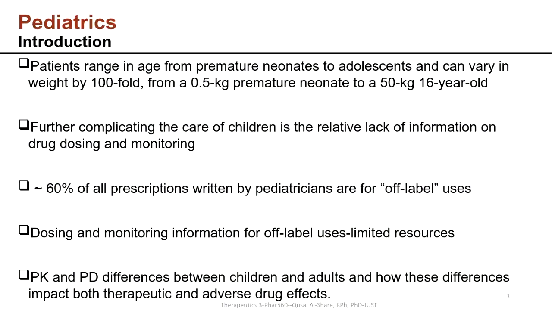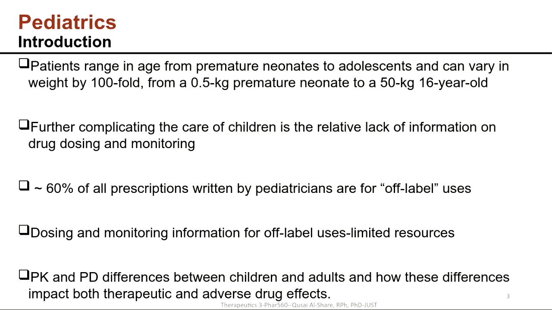And further complicating the care of children is the relative lack of information on drug dosing and monitoring. So in adults, when we develop drugs, we perform clinical trials in adults, and you will have plenty of adults who are volunteering in these clinical trials.